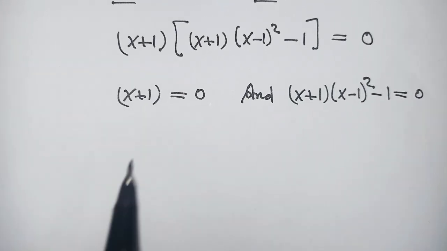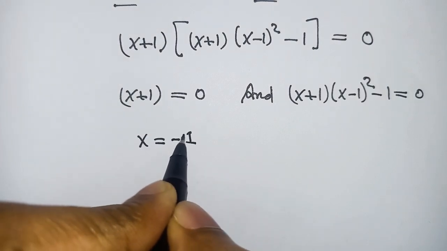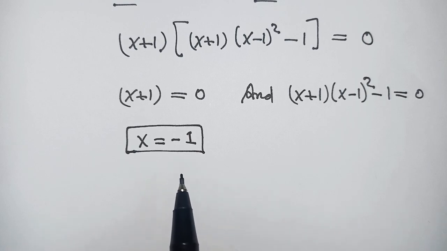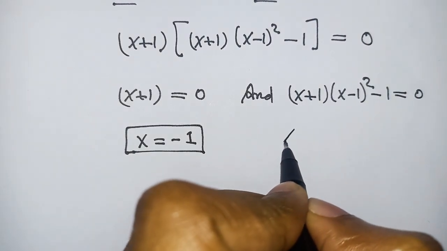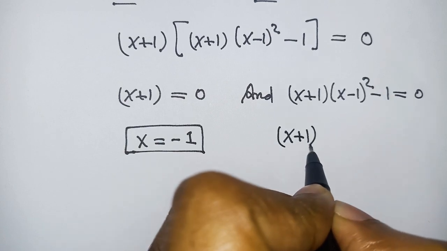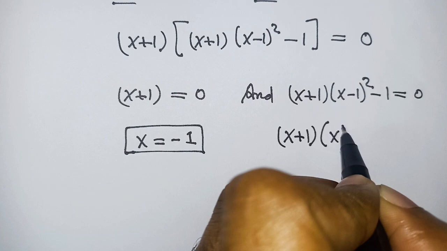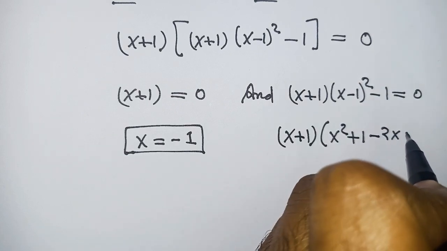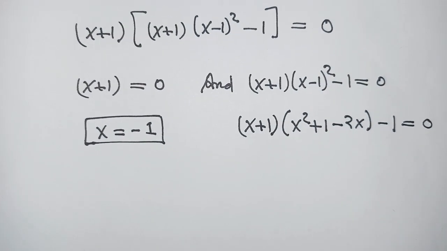So from this part, the value of x is equal to minus 1. So this is maybe one solution, or from this part we can simplify it further. So we will have x plus 1, and now expanding this part we have x square plus 1 minus 2x minus 1 is equal to 0.